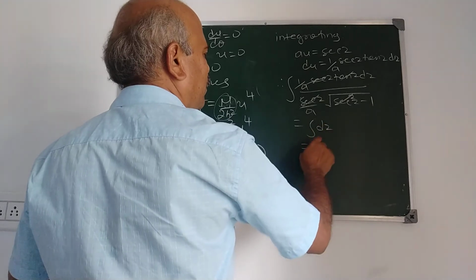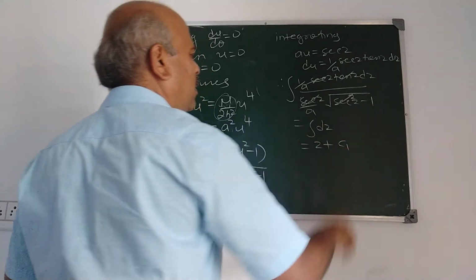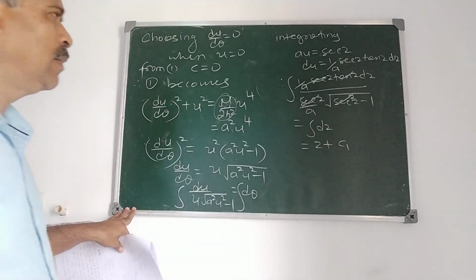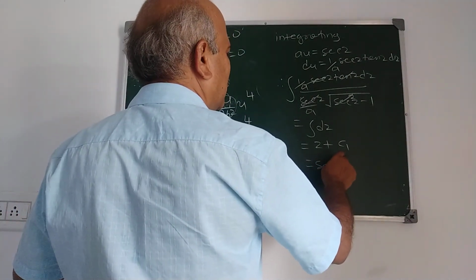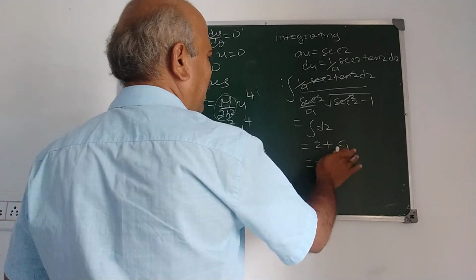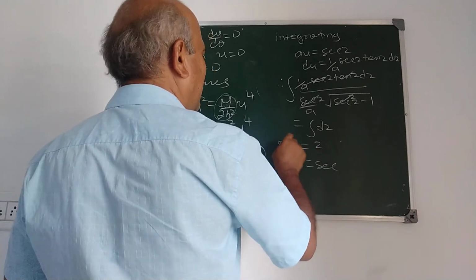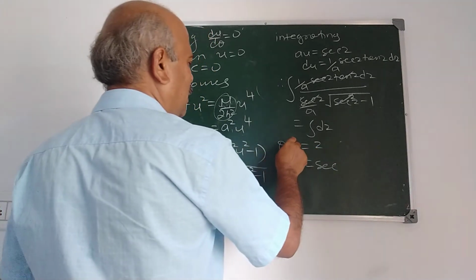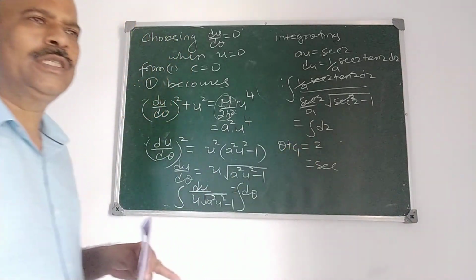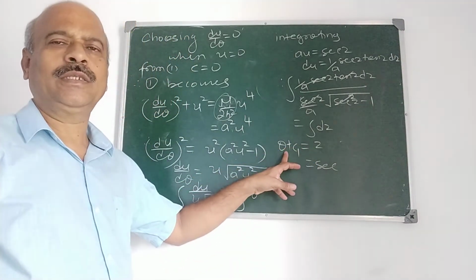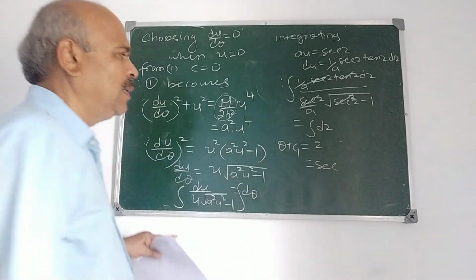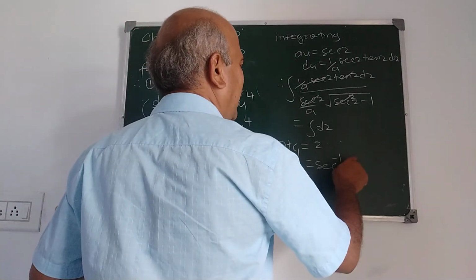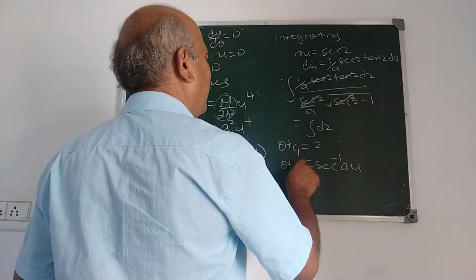Integration of dz is equal to z plus c1. But what is z? We take theta, because it is theta plus c1. We add the constant of integration on the left hand side. And what is the integration of d theta? Theta plus c1. Therefore, sec inverse au is theta plus c1.